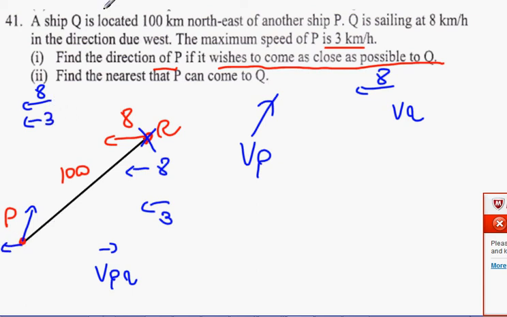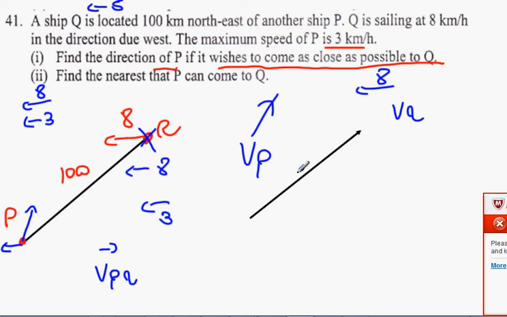So that means Q is going to pull out a gap of 5 from left to right every hour. This means automatically that the velocity of P relative to Q must be going in the right direction. And because we're closing it in going upwards, it's going to be diagonal, right, up. Happy enough with that?